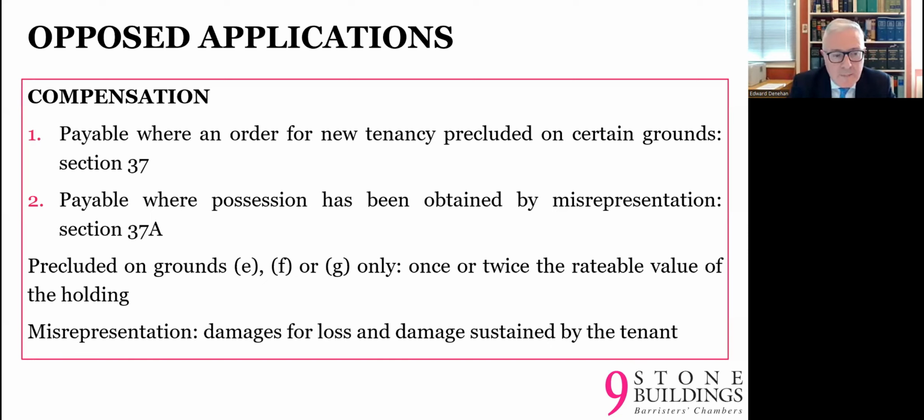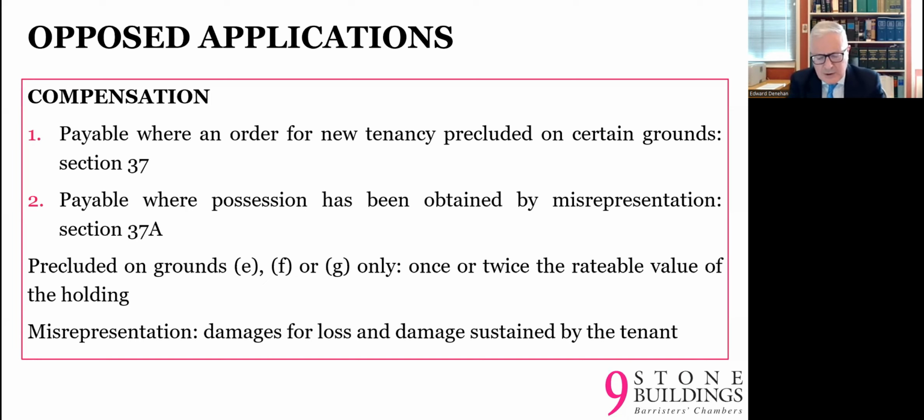So if you've got occupation for business purposes, for that business for 14 years, then you get double rateable value. The business doesn't have to be carried on by the tenant who is the tenant at the date when the compensation is payable. So a tenant who takes over a business that's been carried on at the premises for that time gets the double compensation. There are enormously complicated rules and procedures about how one determines what the rateable value is. I needn't trouble you with that, but I have set it all out in the notes.